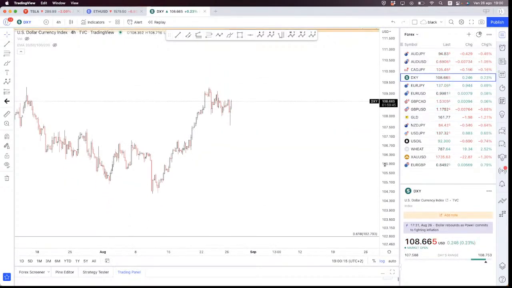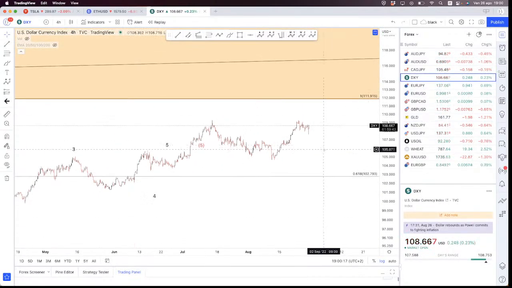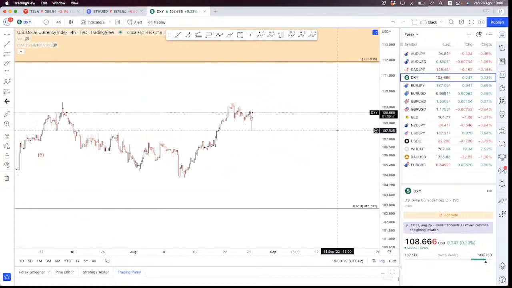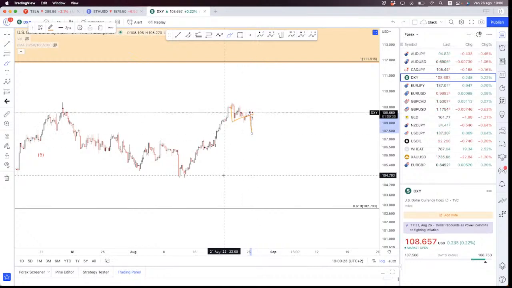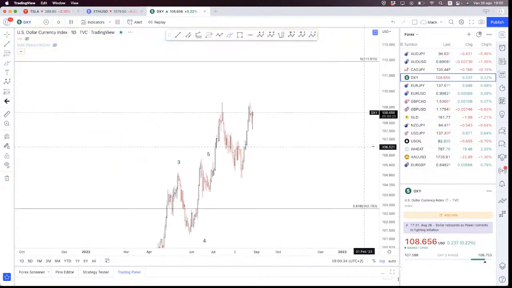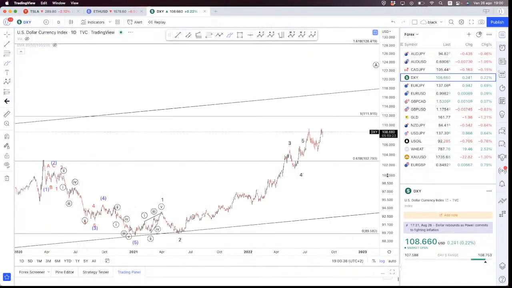DXY, there it is. So, I mean, first thing that I see is, again, a 3-wave move, and 3 waves the trend don't make. Therefore, I expect more downside. Now, in order to know how much downside, that's a good question.